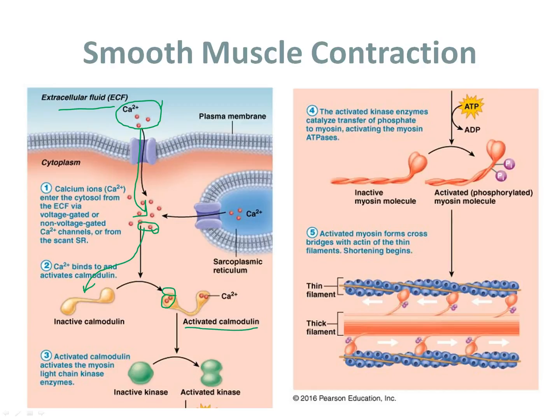And notice that calmodulin changes shape when it's activated. When that calmodulin is activated, then it can turn an inactive kinase into an active kinase. This active kinase can then turn on the myosin ATPase. That's our motor that pulls.